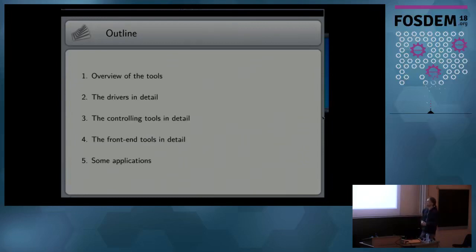And then we speak a little bit about what front ends exist and how this is implemented. And at the end, I will give a little motivation for applications and look at applications that already exist.